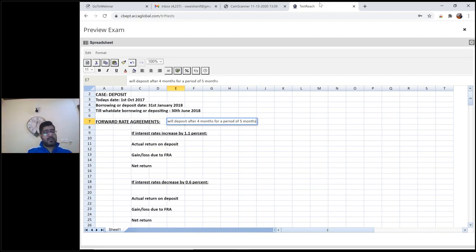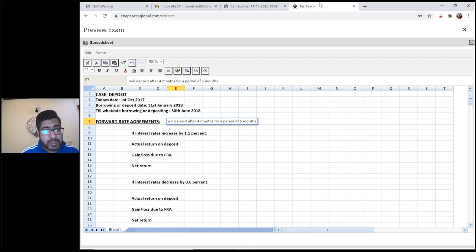There are two FRAs given. If it had been a single FRA, I would have used that. But there are two FRAs. Which one to opt? Let's see the days. Today is 1st October. You need to deposit on 31st Jan, which is after 4 months, for a period till 30th June, 5 months.